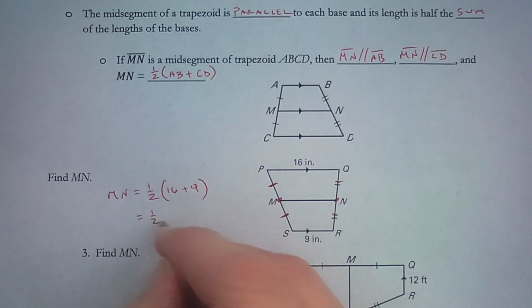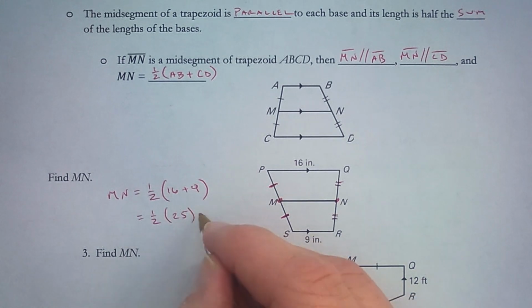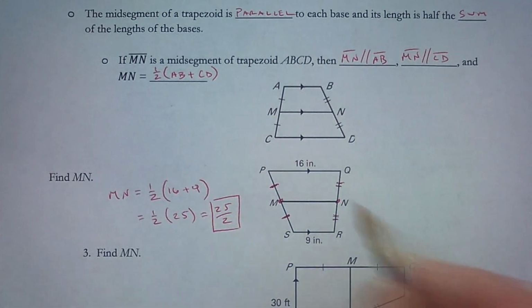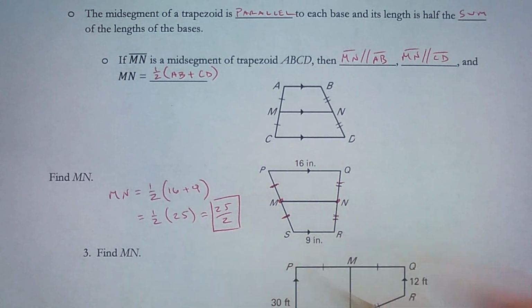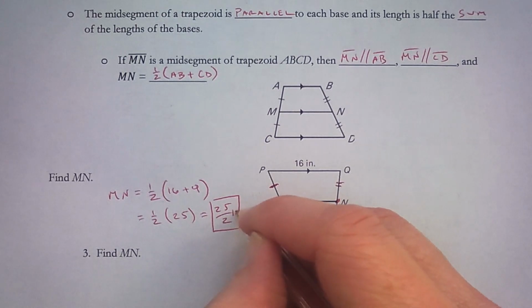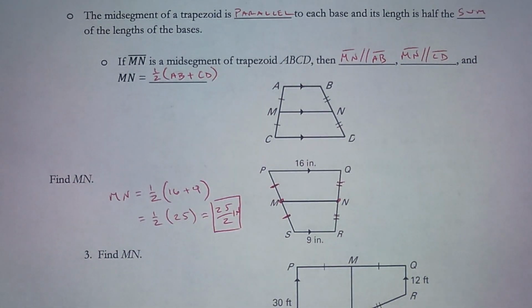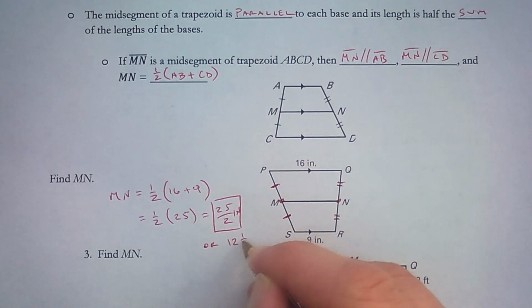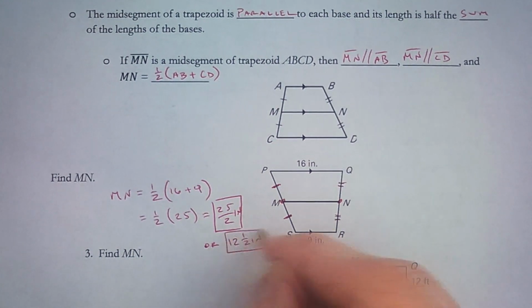So that is half of 25, which is 25 over 2, or we could write 12.5 or 12 and a half. And that is in inches. 25 over 2 inches, or 12 and 1/2 inches.